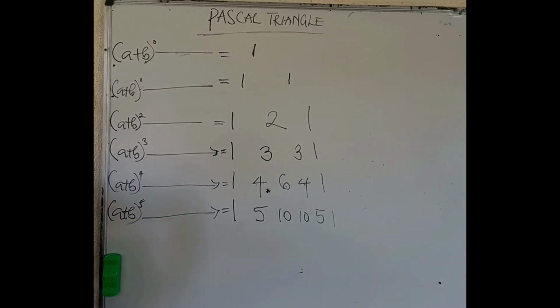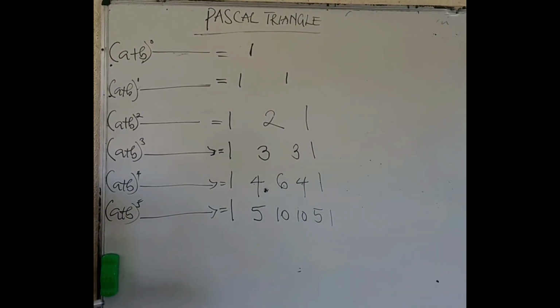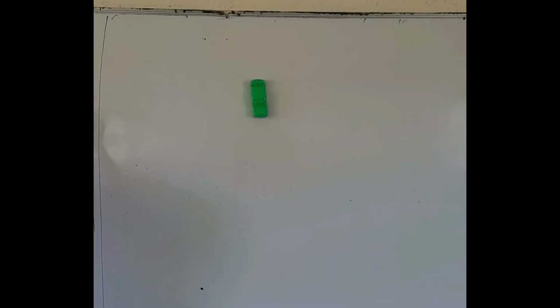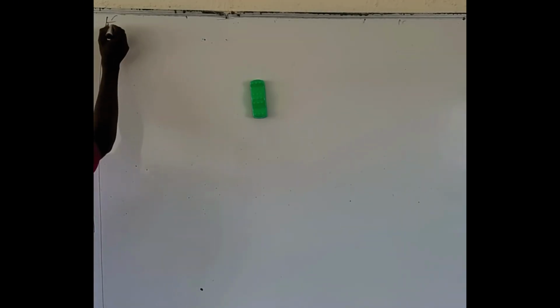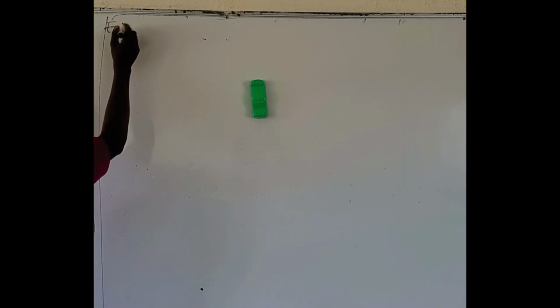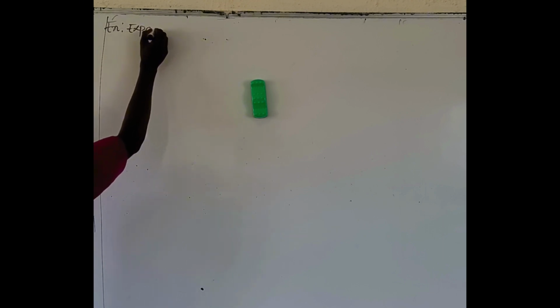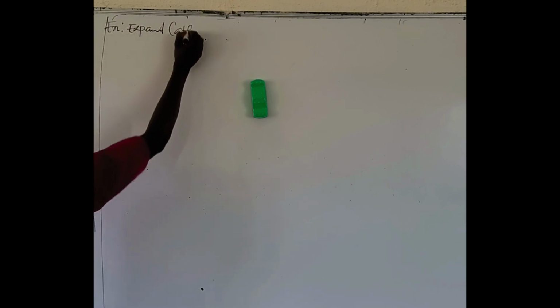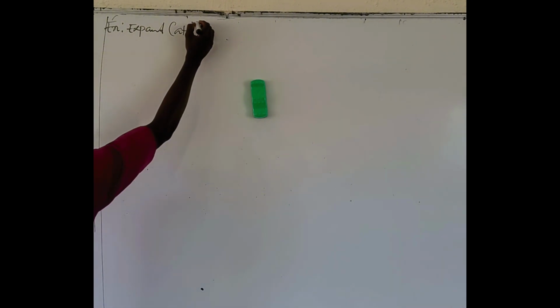Now let's move to an example and let's solve it to see how it's going to look. So let's look at example 1 and let's solve it together. Expand a plus b raised to the power 2.